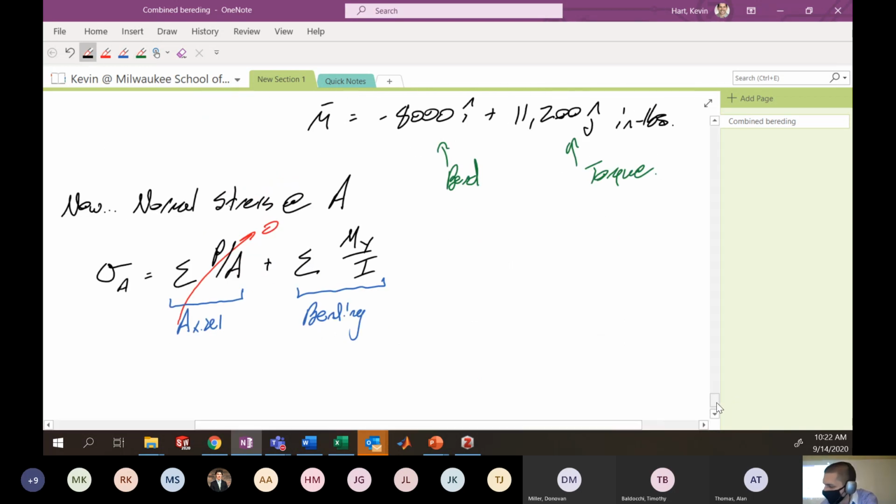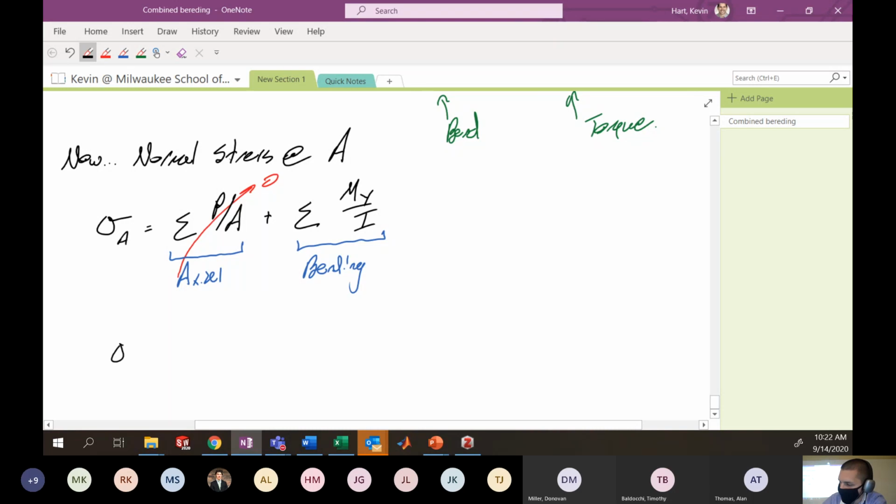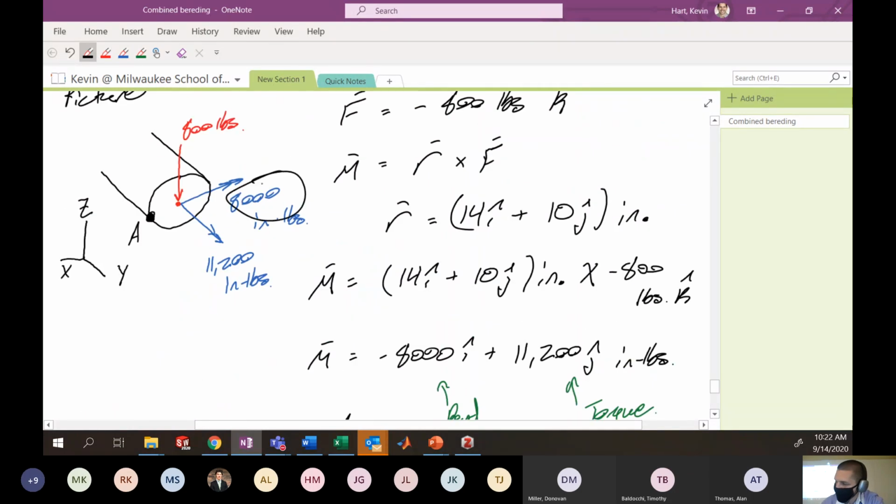So let's approach this with the consideration that we have to accommodate the normal stress from bending at point A from that moment. Really the only thing I have to concern myself with here is this My over I term. The moment applied here is 8,000 inch-pounds.